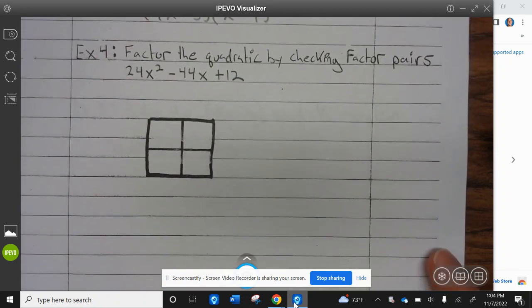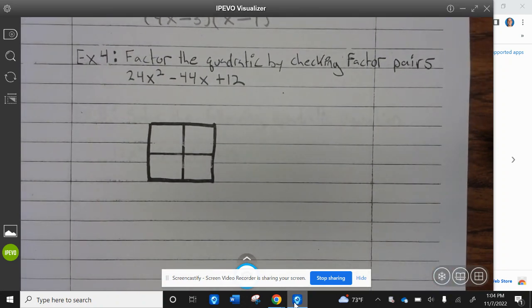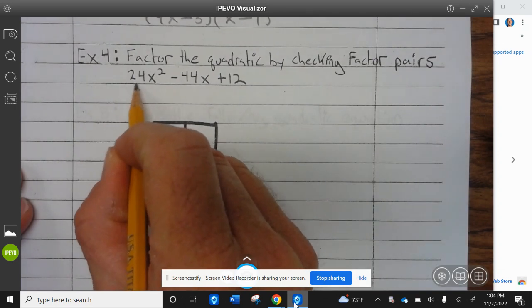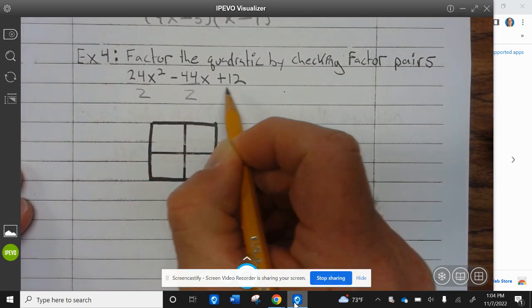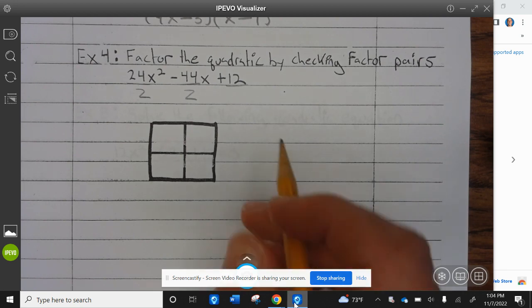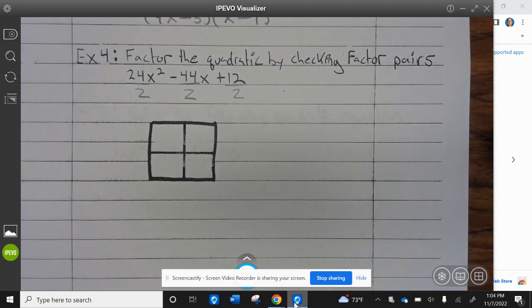All right, example 4. Factor the quadratic by checking factor pairs. Okay, first off, we can divide all of these numbers by 2. And I actually think we might be able to go further. So 2 works, but we can actually go bigger.